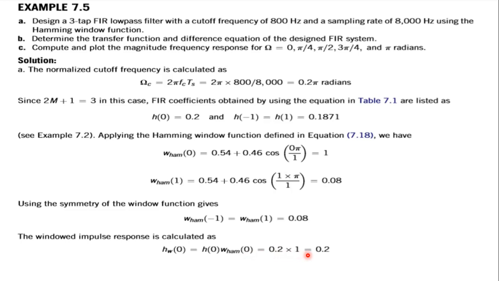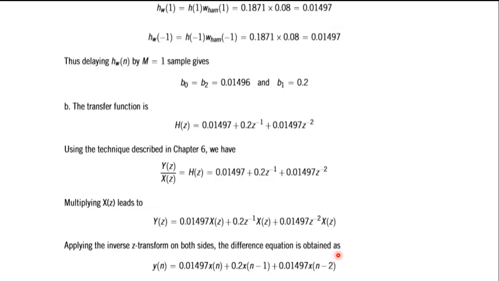When these two are multiplied, the result is 0.2. Similarly, we have calculated the window value at n equals 1 and just multiplied the impulse response with the window value at n equals 1, and this comes out to be 0.01497. Due to the symmetry, this is going to be the same at n equals -1.